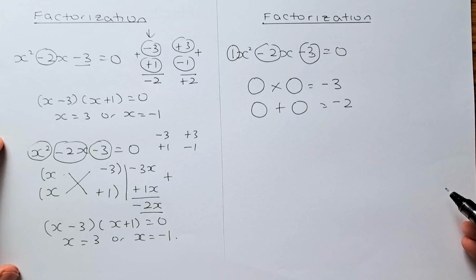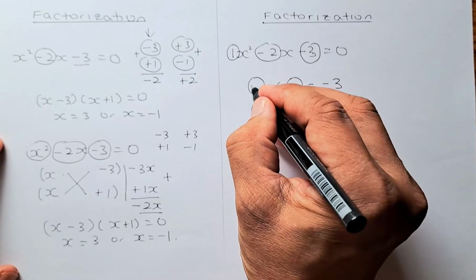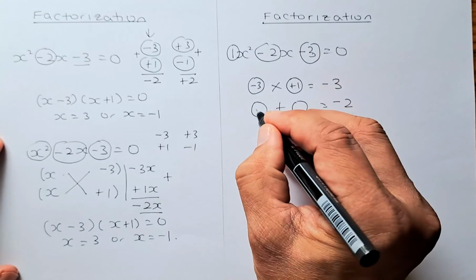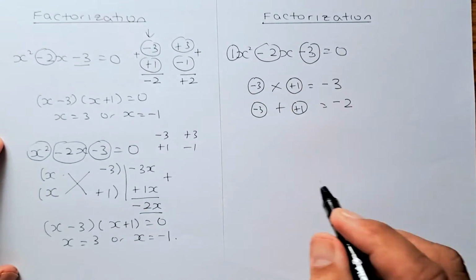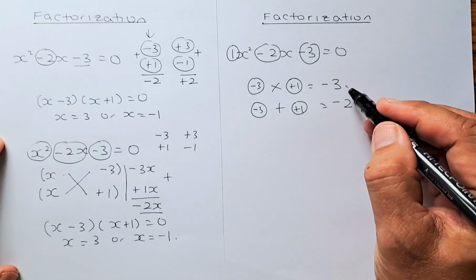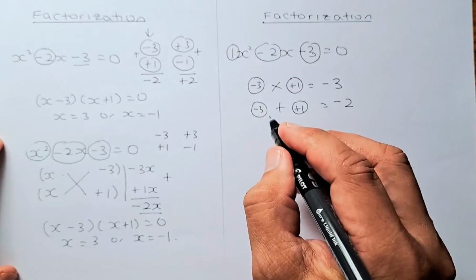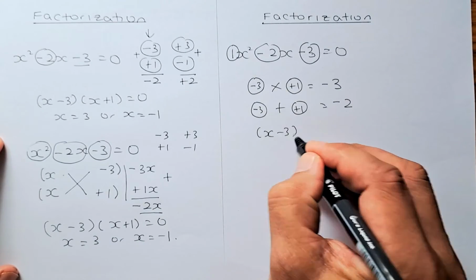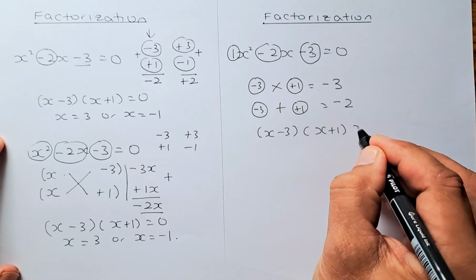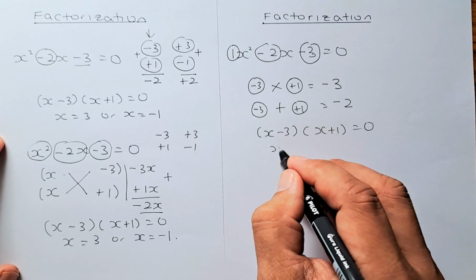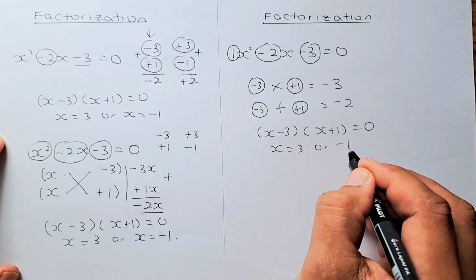So the 2 numbers are minus 3 and plus 1, because minus 3 times 1 is negative 3, and negative 3 plus 1 is negative 2. So the factors are x minus 3, x plus 1 equal to 0, and the answer is x equals 3 or negative 1.